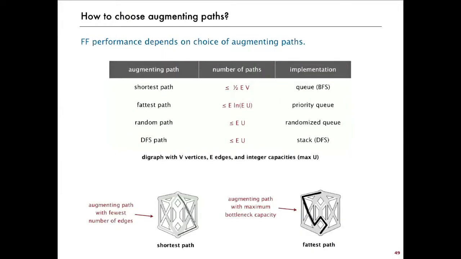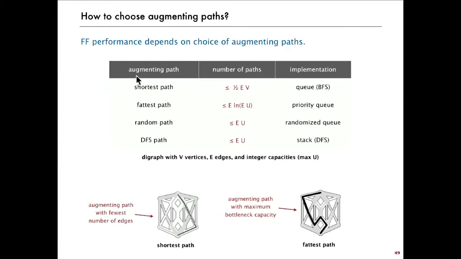Now, the performance of the Ford-Fulkerson algorithm is going to depend on the method used to choose the augmenting paths. Here's listed 4 easy ways to pick augmenting paths, and they're pretty easy to implement. They're very similar to Dijkstra's algorithm and Prim's algorithm and others that we've looked at, but they lead to a different number of augmenting paths depending on the network.